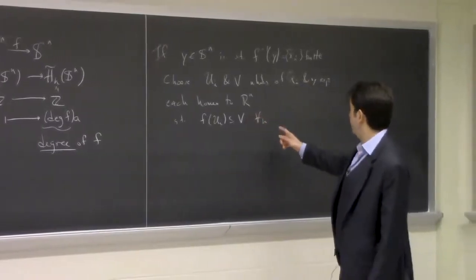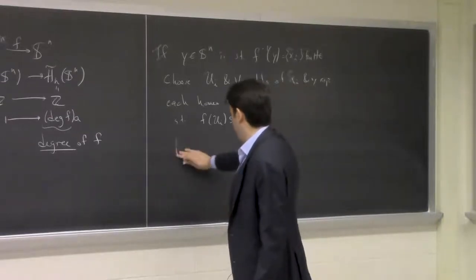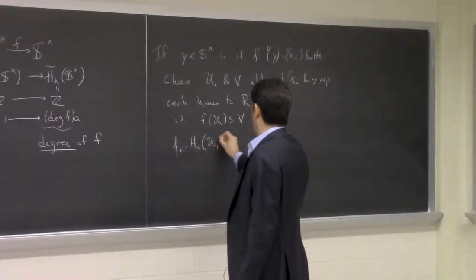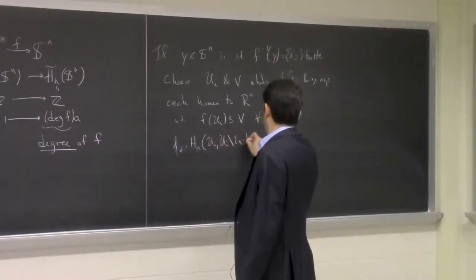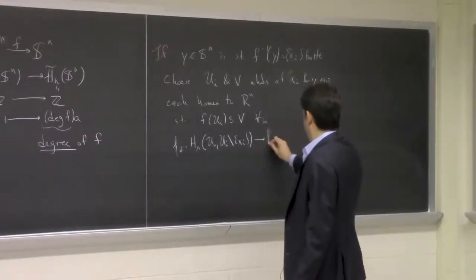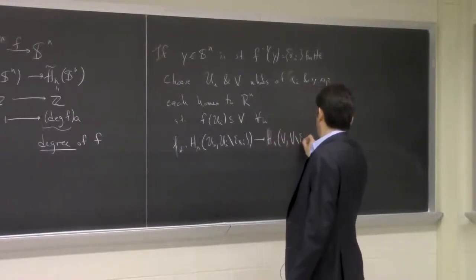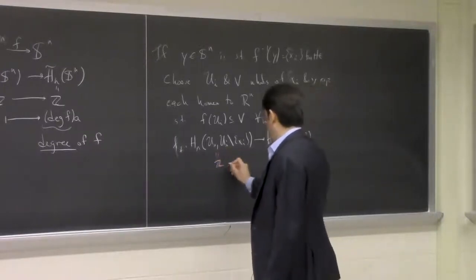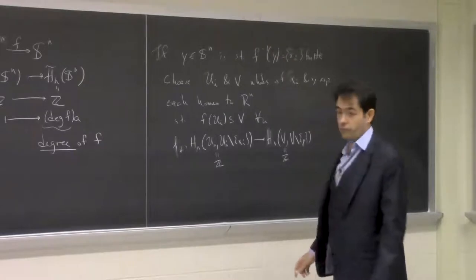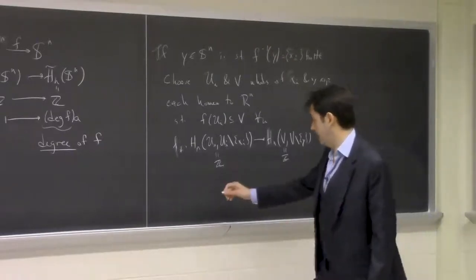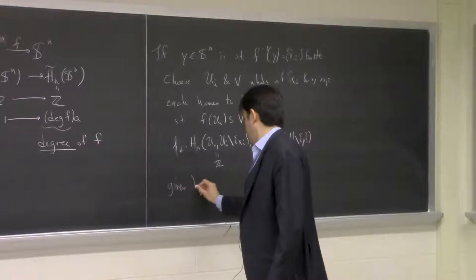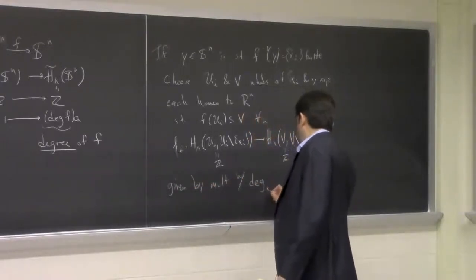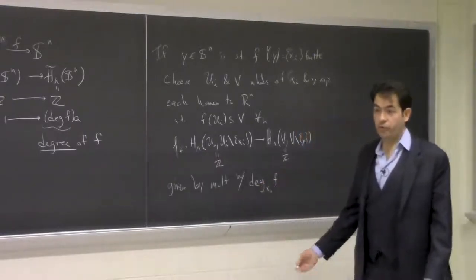And then at each point x_i, you have an induced map which also is a map from the integers to the integers, and it's given by multiplication with the degree of f at x_i, known as the local degree.